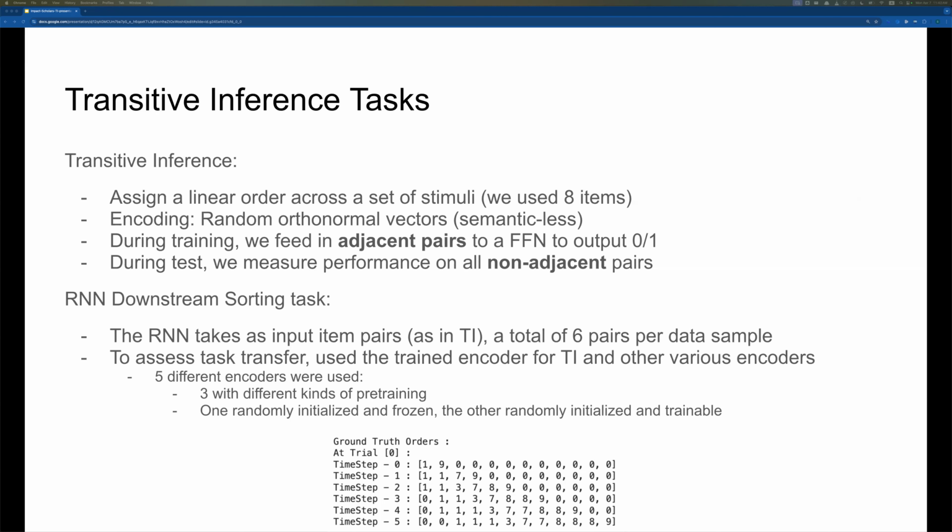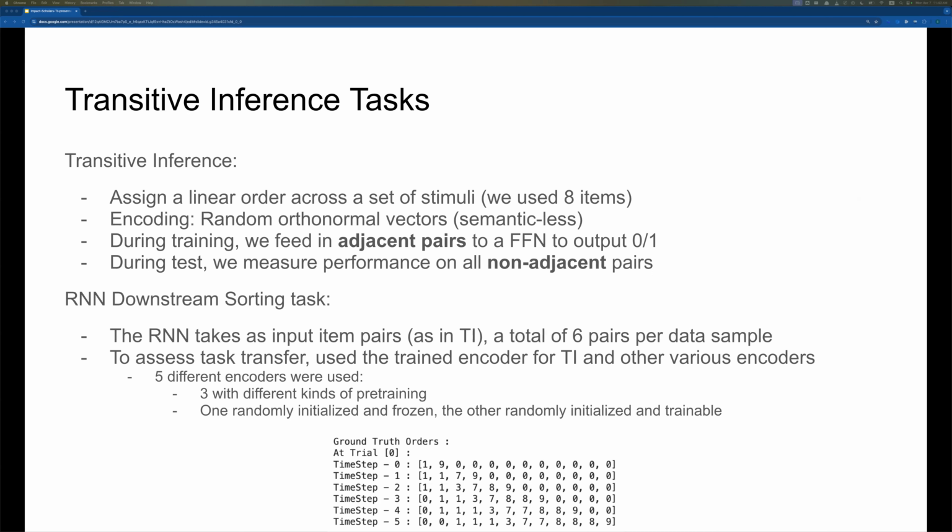And for the downstream sorting task, we have the RNN take as input pairs again, just as in TI, for a total of six pairs per data sample. The bottom diagram gives some intuition about what the task looks like. At time step 0, we get the pair 1, 9.